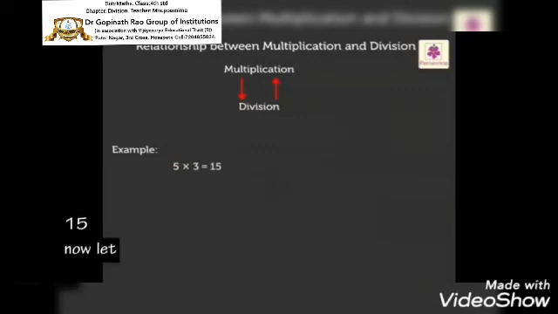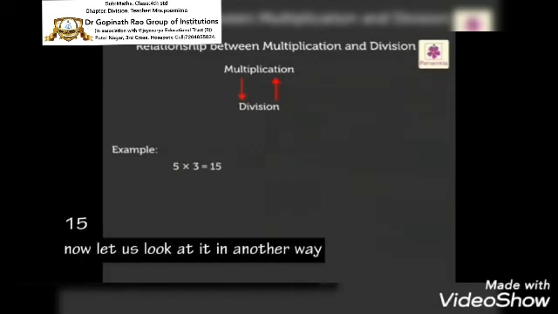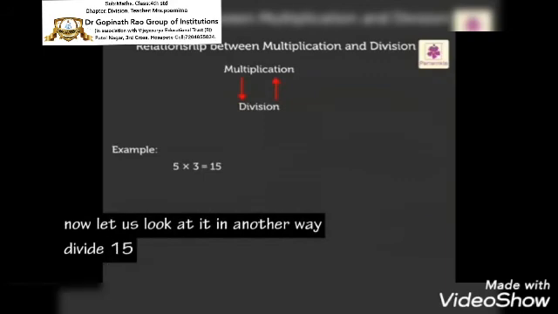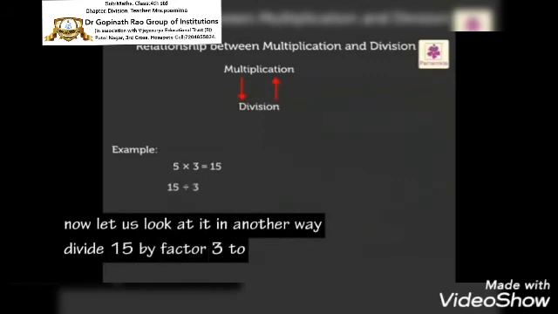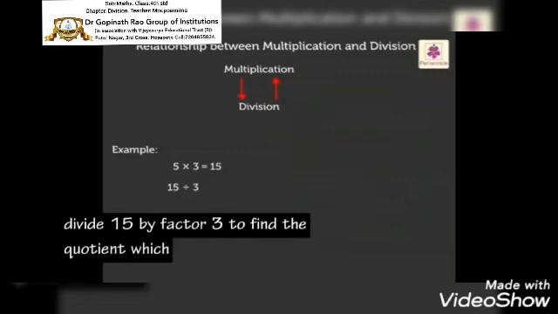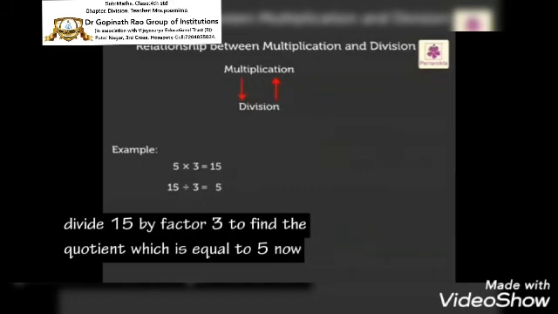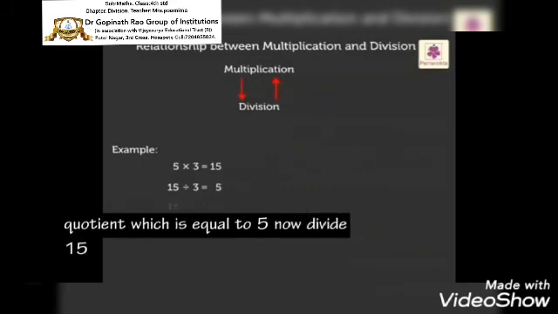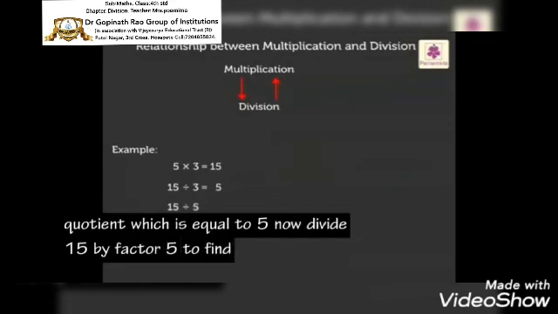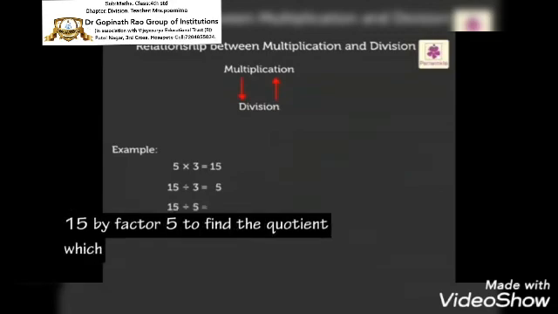Now, let us look at it in another way. Divide 15 by factor 3 to find the quotient, which is equal to 5. Now, divide 15 by factor 5 to find the quotient, which is equal to 3.